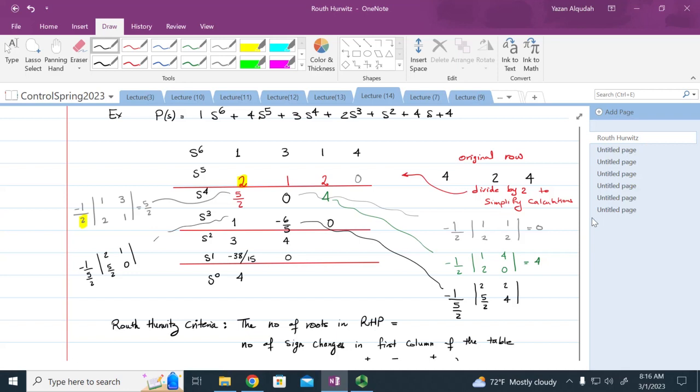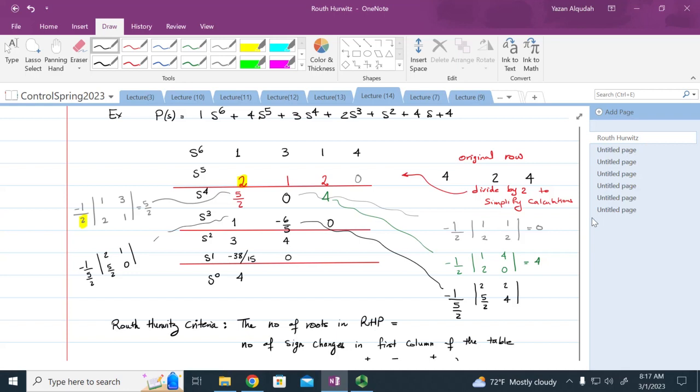Missing an s to the power of something that isn't there. Well, if it's missing an s, then the system is unstable anyway. But when you do the calculation, if you get a 0 in the first column? Excellent. What happens if we get a 0 in the first column? Why is that a problem? Because we're going to be dividing by that 0, and if it's a 0, we're not going to be able to continue.